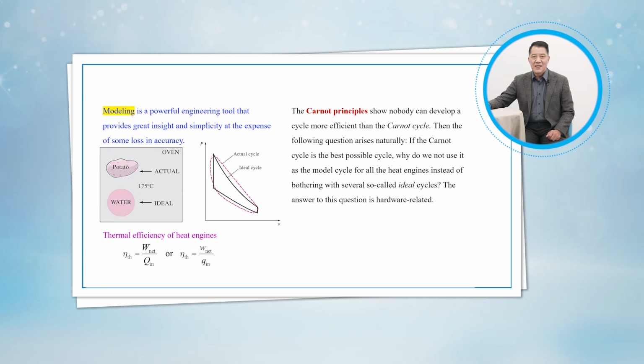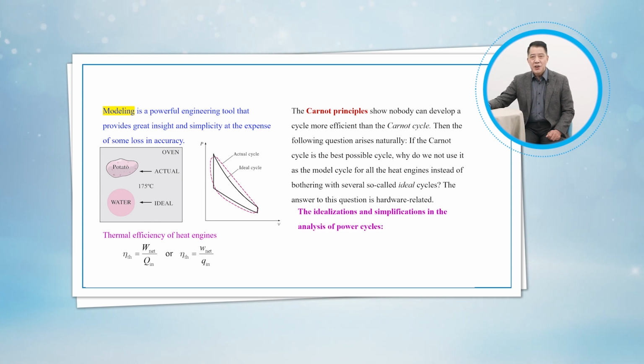The answer to this question is hardware related. Most cycles encountered in practice differ significantly from the Carnot cycle, which makes it unsuitable as a realistic model. Each ideal cycle discussed in this project is related to a specific work-producing device and is an idealized version of that actual cycle.